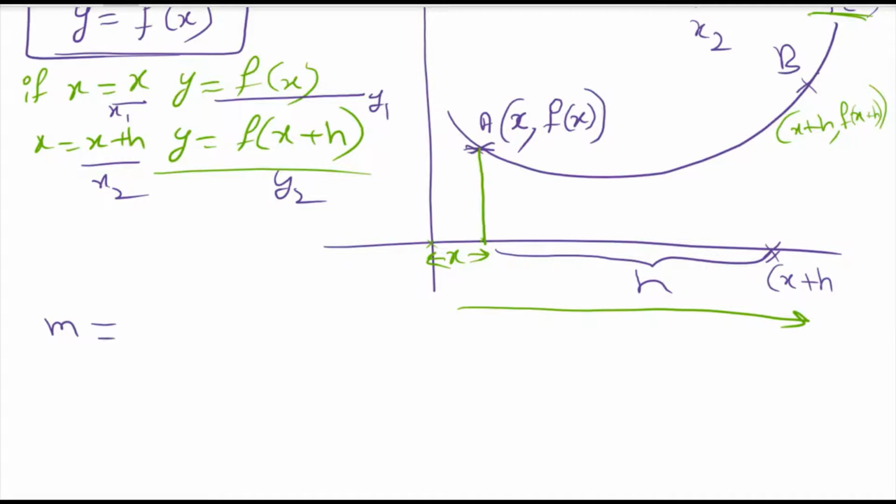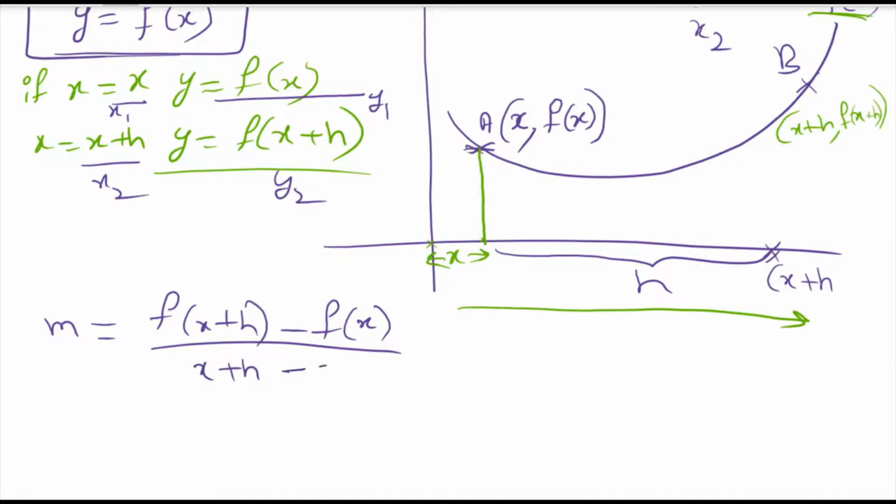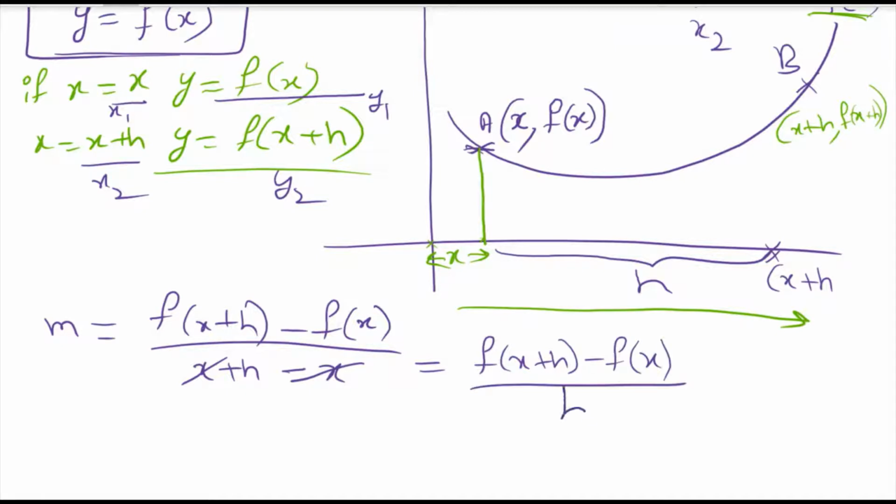So it is simply y2 minus y1, that is f of x plus h minus f of x, by x plus h minus x. I can cancel these two, and what I get is f of x plus h minus f of x by h. This is the definition of slope.